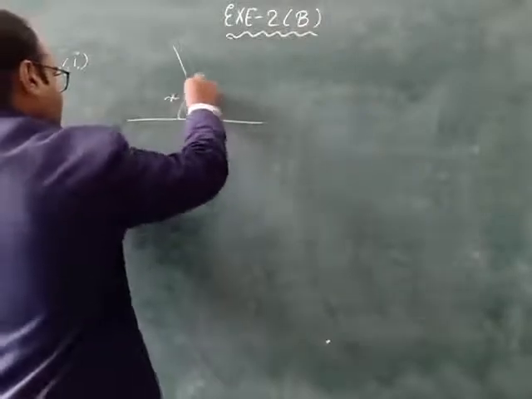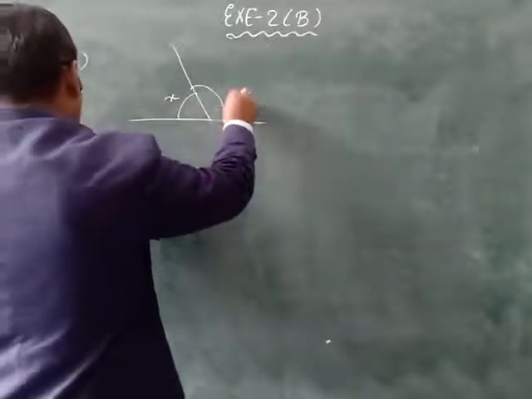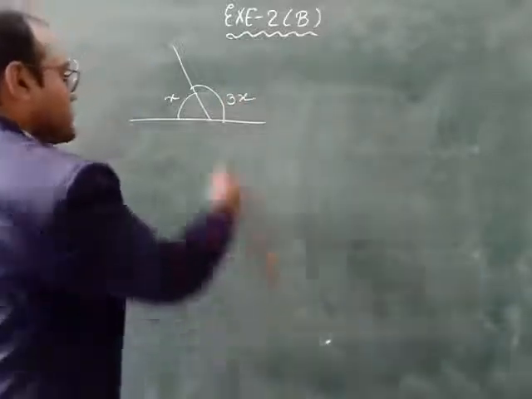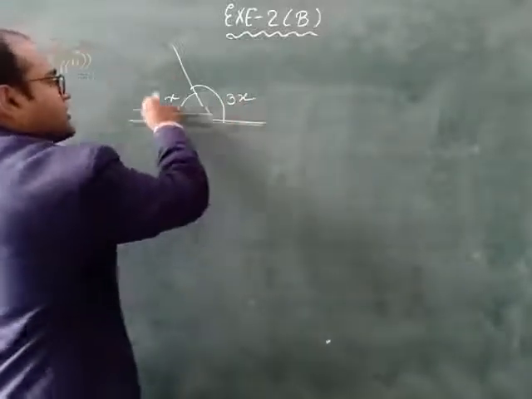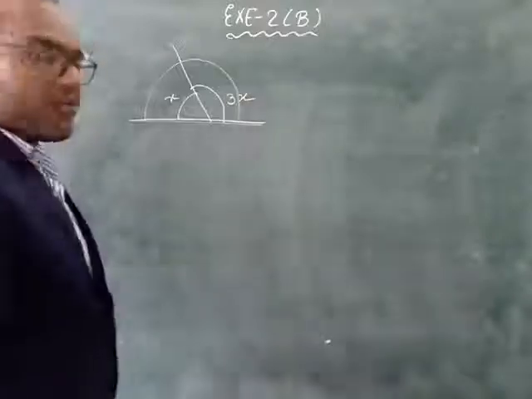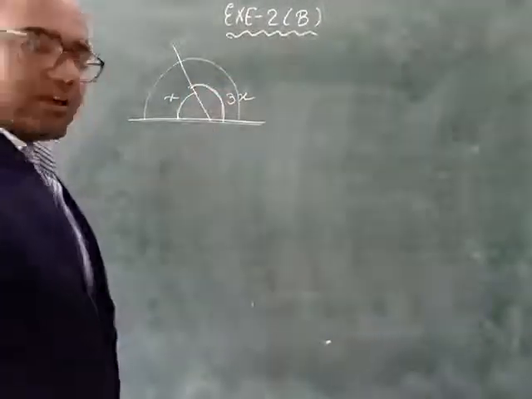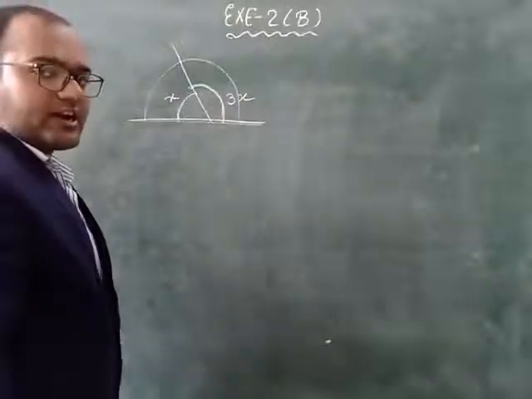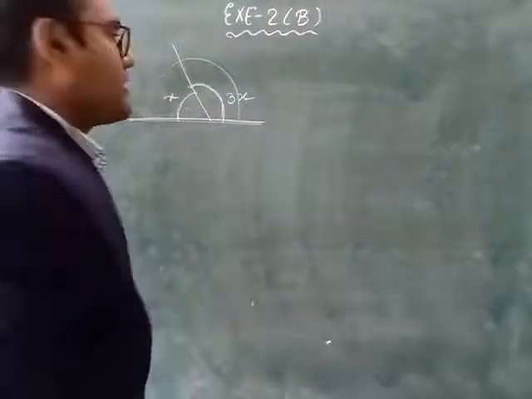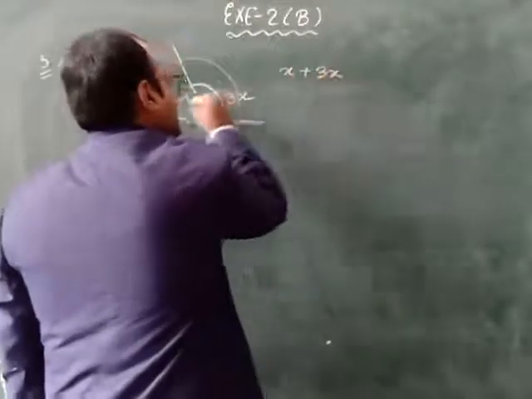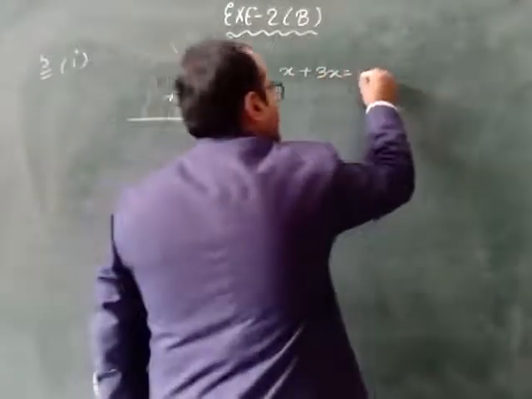Here it is x. Here it is 3x. So what we have to do here, we will observe this is a straight line. On the straight line, we have two angles. This is the first angle, this is the second angle. So two angles on a straight line, the sum of these two will be 180. So we will write x plus 3x is equal to 180 degrees.